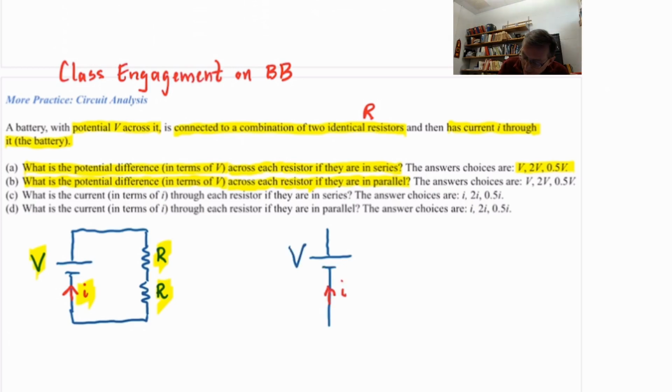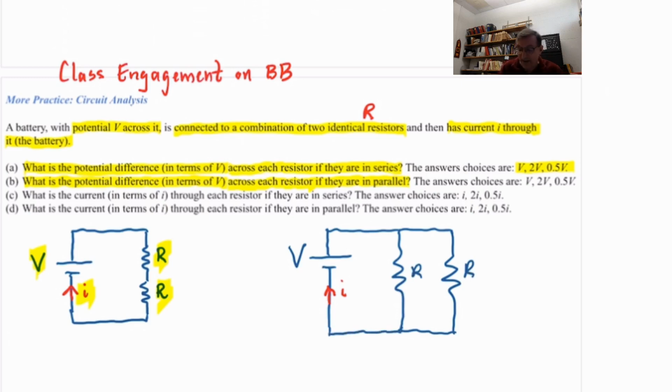And now these two identical resistors are connected in parallel with each other, like that, R and R, and then in turn are connected directly across the battery. So now you are to find the potential difference across each resistor in terms of the V across the battery. And the answer choices are V, 2V, or 1/2 V.